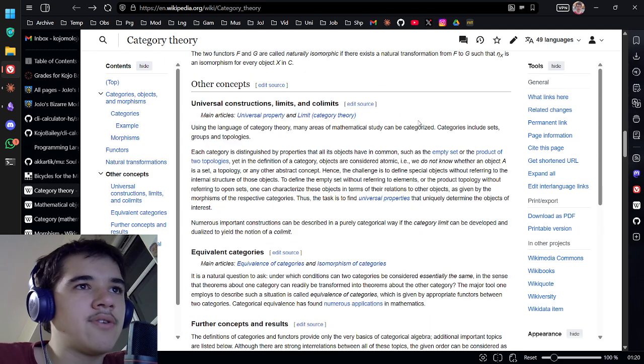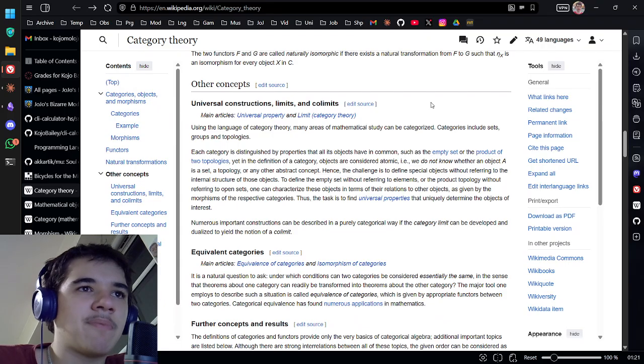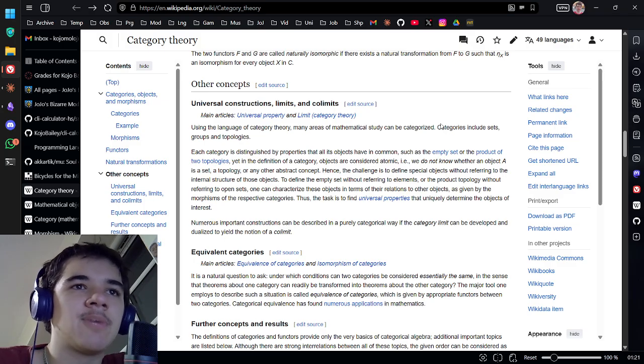Okay, other concepts. Limits and colimits. Each category is distinguished by properties that all its objects have in common. That's true. Yet, in the definition of a category, objects are considered atomic. We do not know whether an object A is a set, a topology, or any other abstract concept.